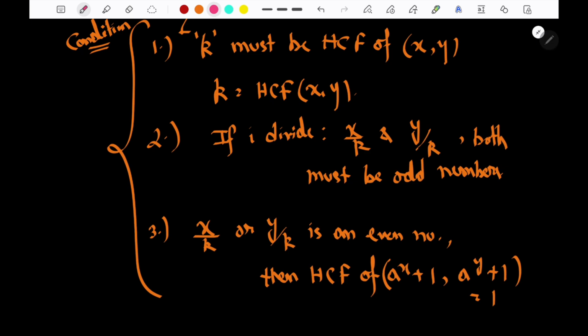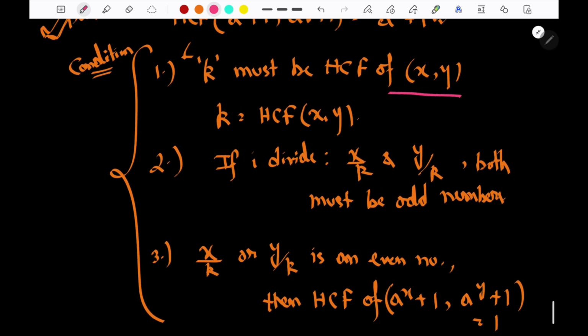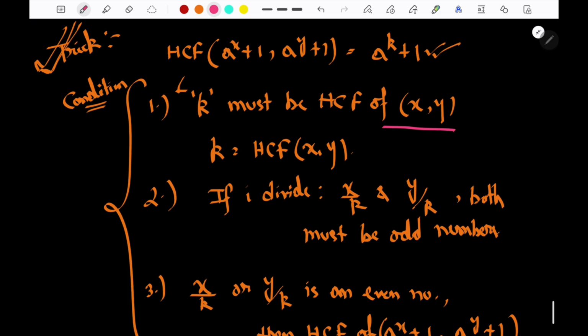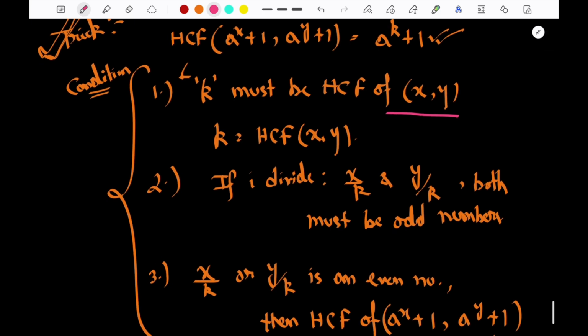That's the strategy of this question. What I have said, K must be HCF of x comma y. I will tell you what this means. Let's say suppose I say 12 comma 18, one of the numbers, that is x comma y. Now what is the HCF? K is equal to 6.